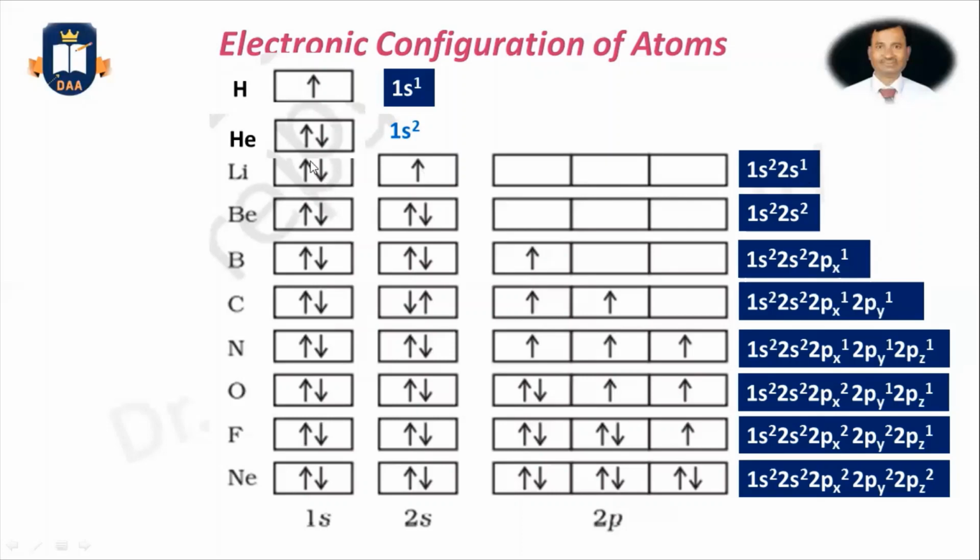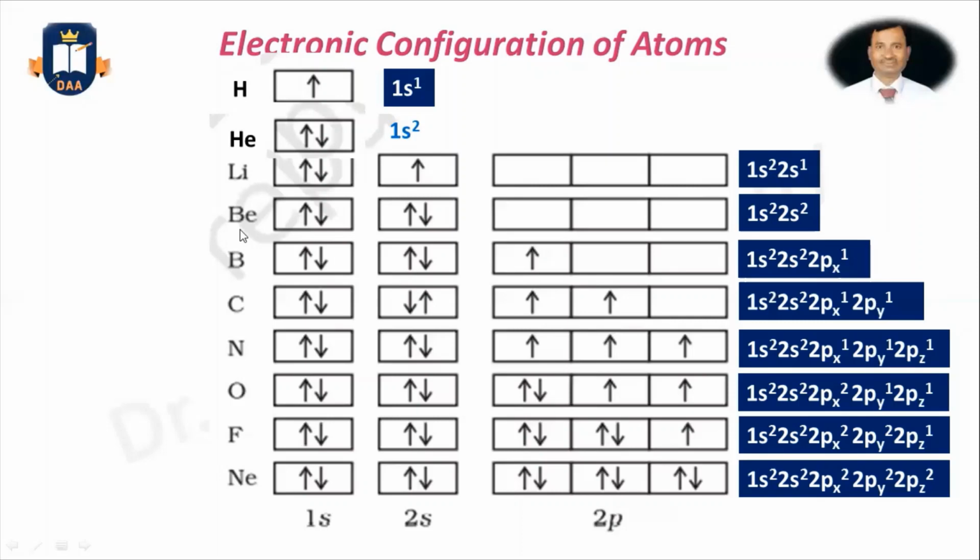And these 2 belong to the 1s. I have written down 1s superscript 2, and this electron for lithium is occupied by the 2s orbital. So 2s, and the superscript is 1, because this electron is 1.